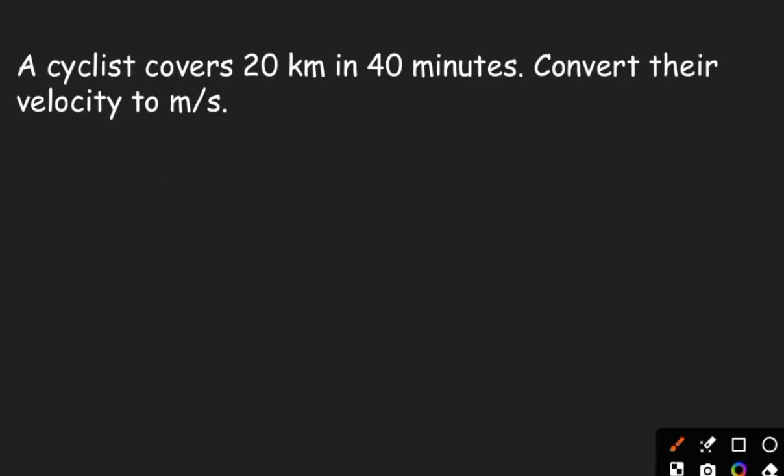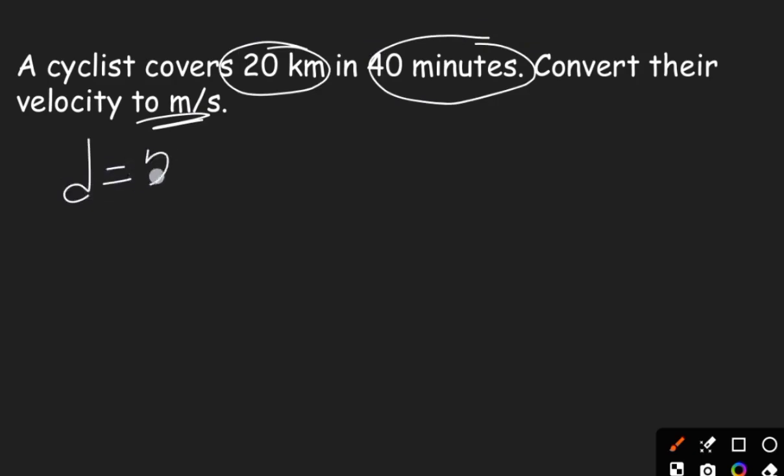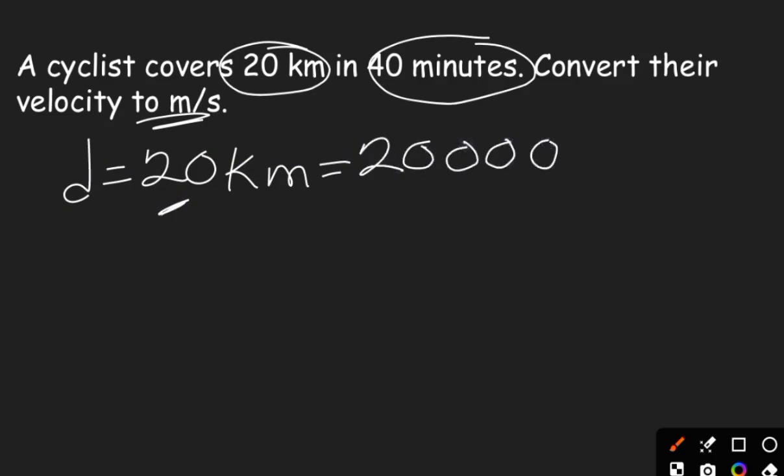So a cyclist covers 20 kilometers in 40 minutes. Convert their velocity to meter per second. So if you are following, you should know that converting this to meters, converting this to seconds. So your distance, 20 kilometers, will equal, we know that to convert kilometers to meters multiplied by 1000, you're going to have 20,000 meters. Then 40 minutes, your time.